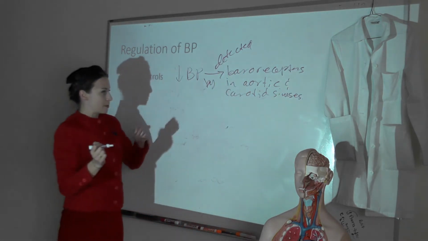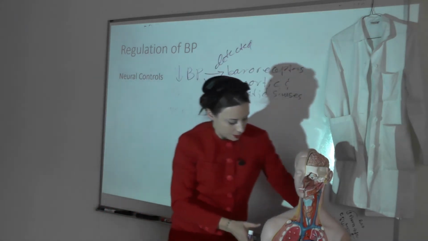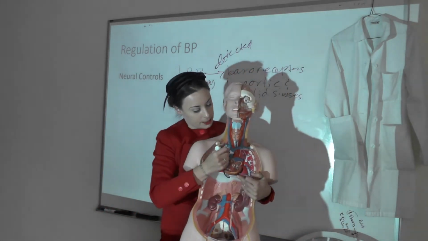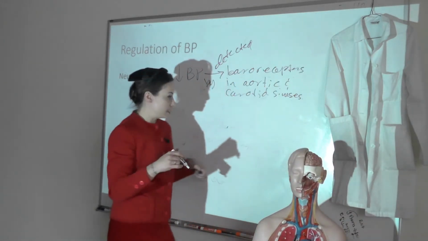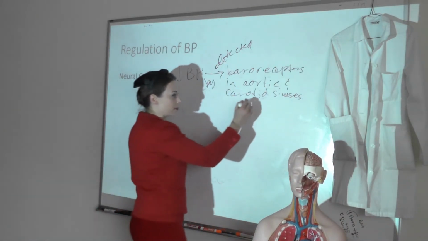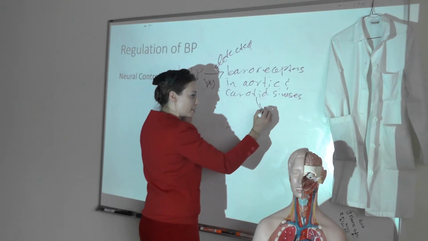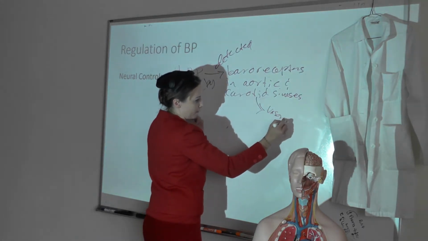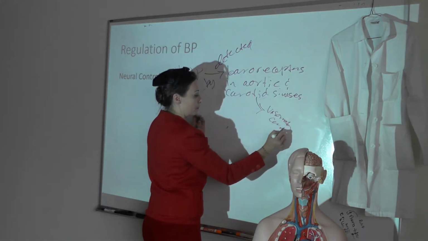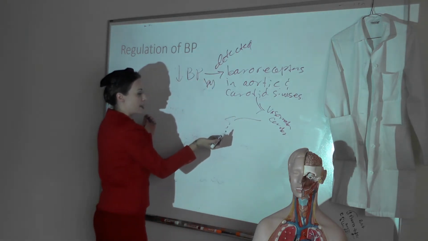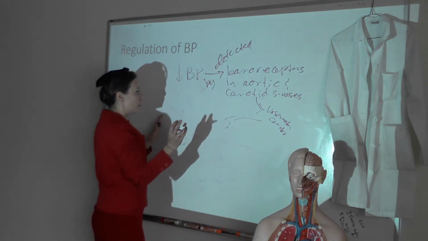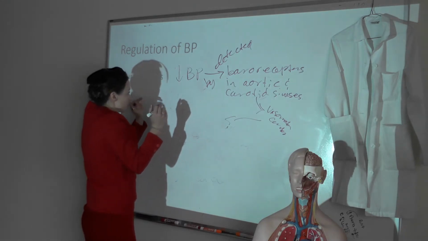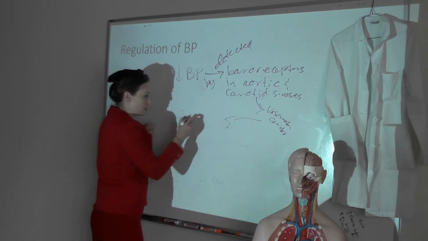So the sensory receptors are there in your aortic arch and your carotid sinuses, and they are going to detect this decrease in stretch and send the information back to your vasomotor center. And then we will send out efferent commands to constrict our blood vessels.